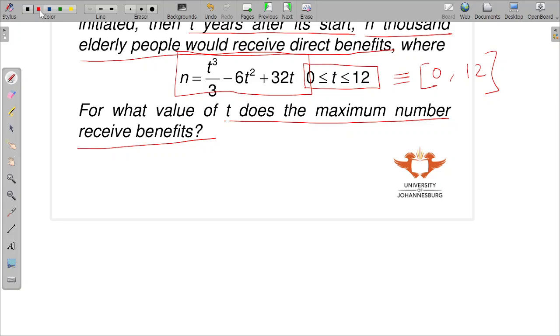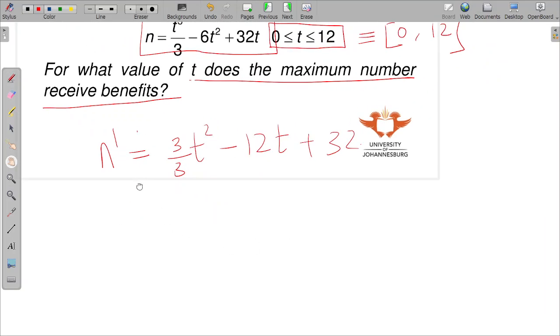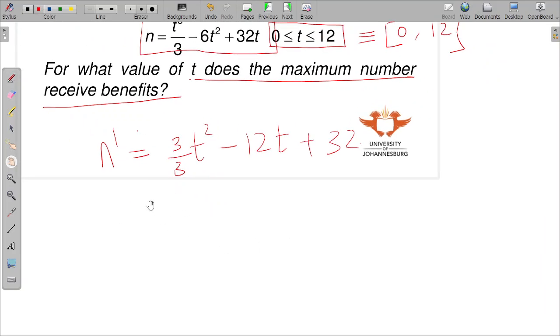The first thing again is that we need to derive. So deriving N, we have 3t squared over 3 minus 12t plus 32, which can be written in a nice way as t squared minus 12t plus 32.